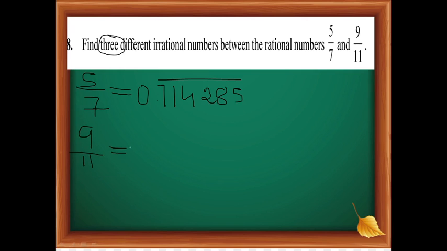What is 9 by 11? 0.81 bar. Okay, you can write any irrational number between 0.714285 and 0.81 bar. So I will give you some examples here.